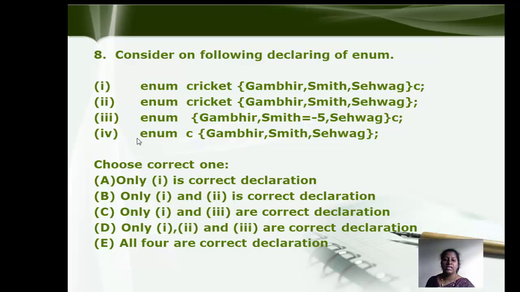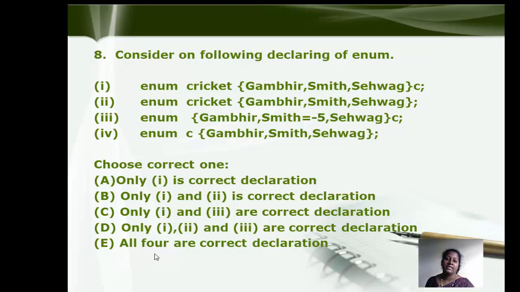The first option says only option 1 is correct. The second option says 1 and 2 are correct. Option C, 1 and 3 are correct. Option D, 1, 2 and 3 are right. And the last option says that all the 4 declarations are valid. So what will be the answer?